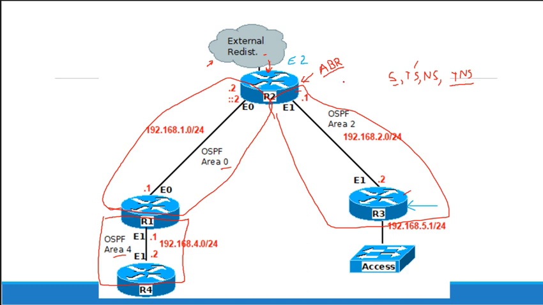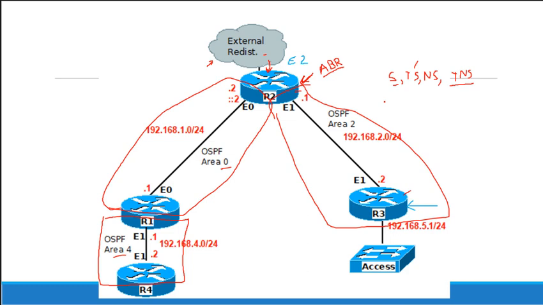But then we went to totally not so stubby, and we just added the no summary again only at our area border router. So it's the area border router that's getting that no summary keyword. With the totally not so stubby, it does inject a default route for our inter-area. So we're not accepting those type 3 LSAs, but we're injecting a default route to get to these networks we don't know about.